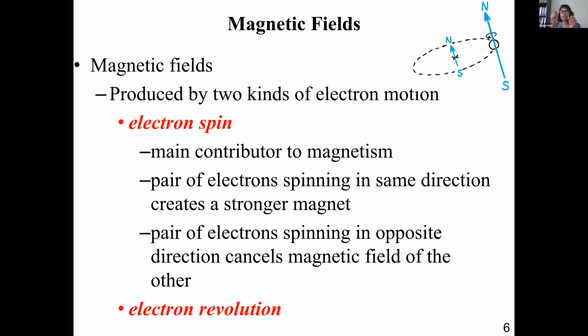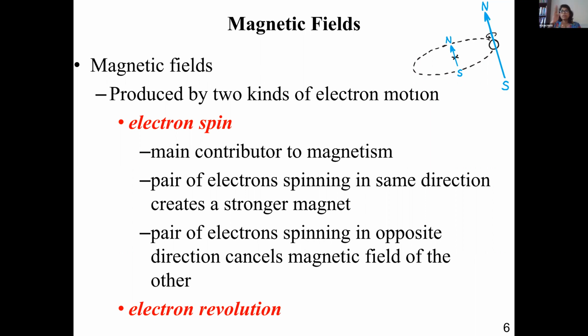In addition to that, the electron rotates itself. It spins on itself while going around the nucleus, right? This spinning of the electron also affects the magnetic field, and especially that spinning is very important. If one electron is spinning upward and a second electron is also spinning upward, then your magnetism is created in the same direction.